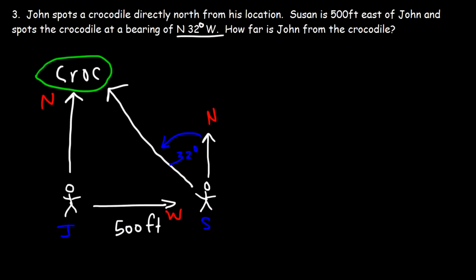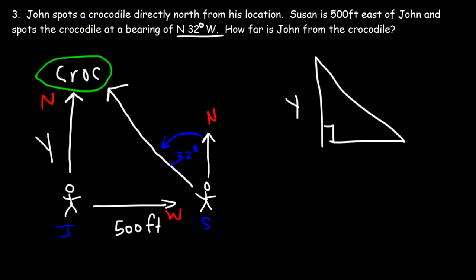Our goal is to find out how far John is from the crocodile. So we need to find the variable y. Now, if this angle is 32, this angle here must be complementary to 32. So it's 90 minus 32, which is 58. So now we can use this triangle and find the value of y.